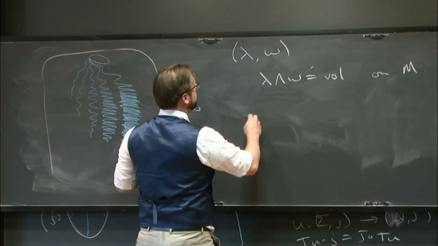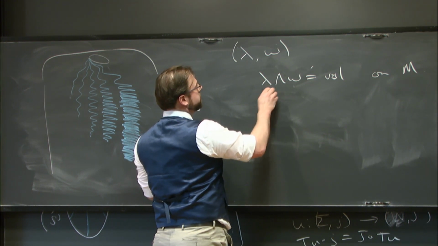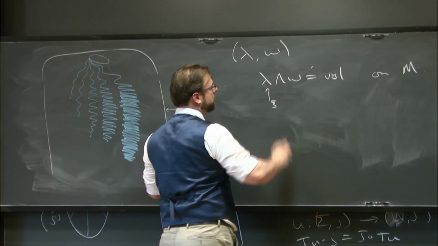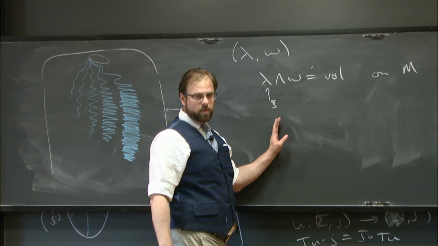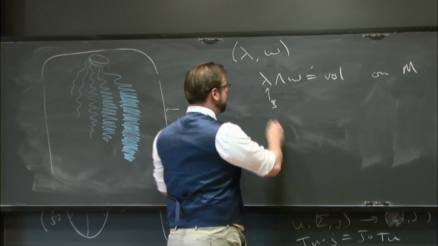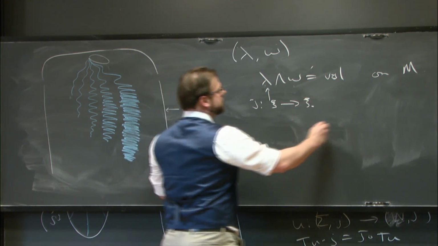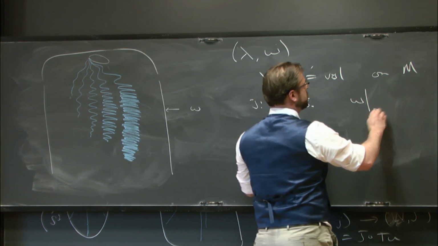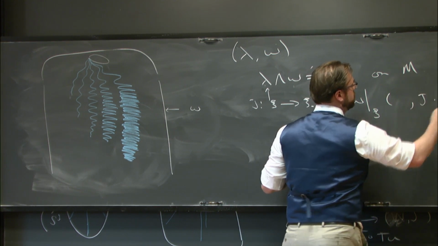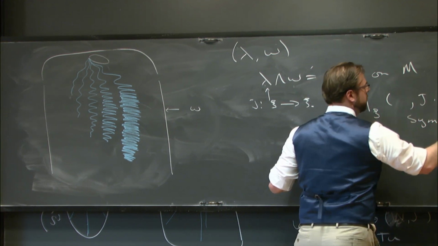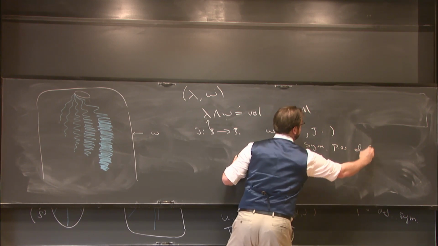And so consequently, the kernel of this guy here we'll still call Xi. It's not going to be a contact structure anymore, but it's still a two-plane distribution. And then I can make J map Xi to Xi, and I can still require, for instance, that omega restricted to Xi is again symmetric, positive, definite.